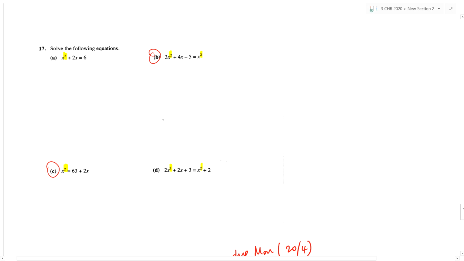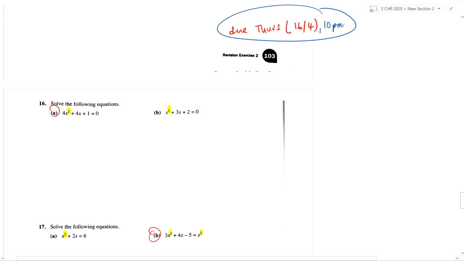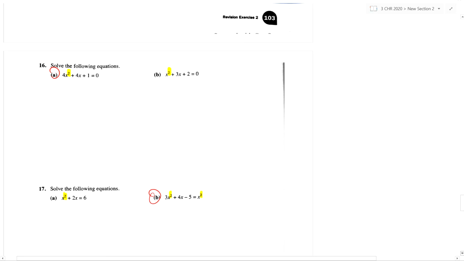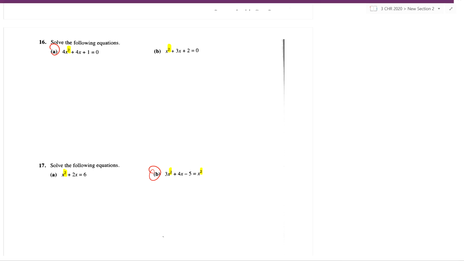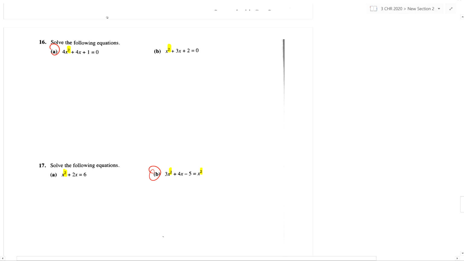So when you are supposed to solve equations with a power 2, we have a formula that we can use. And the formula looks like this. X equals minus b plus minus square root b squared minus 4ac over 2a.